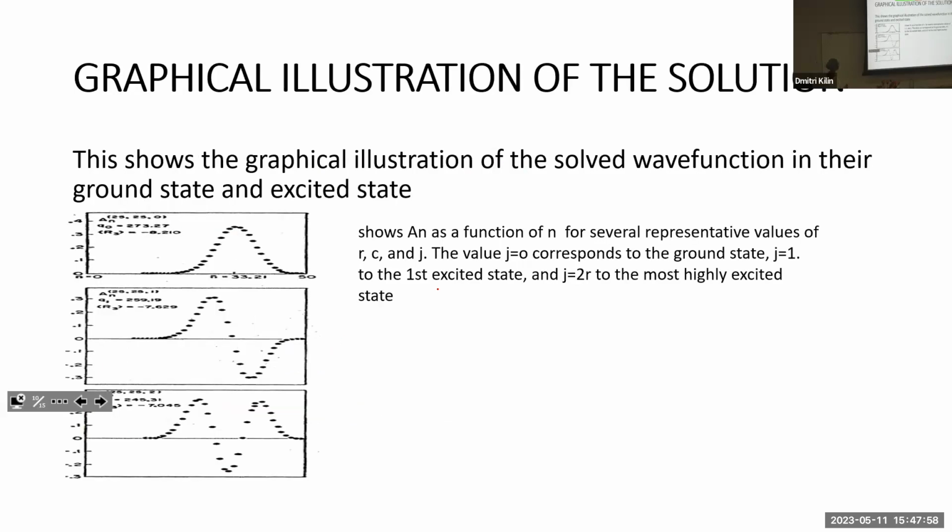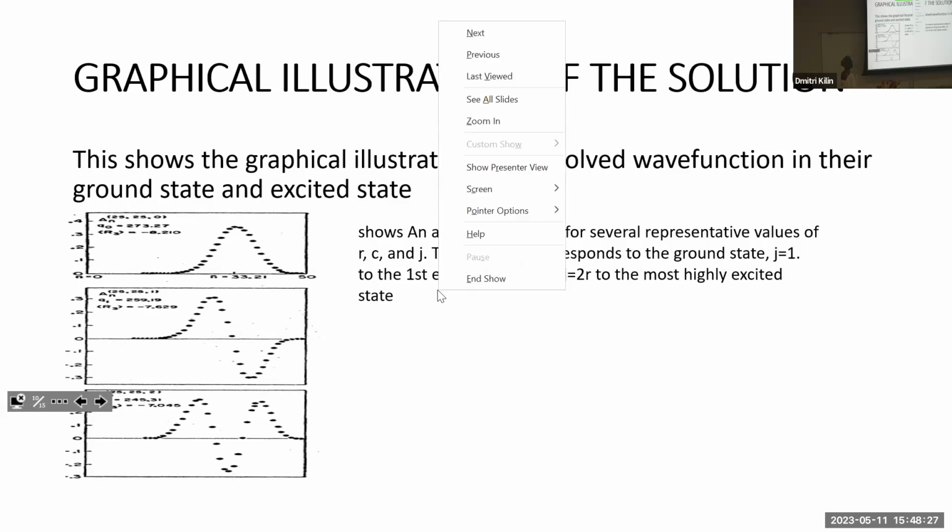If you visualize the graphical illustration of the solution, as I said earlier, it shows A_N as a function of n for several values of R, C, and J. If J equals 0, it means we have our ground state, J equals 1 is our excited state, and J equals 2R is the most highly excited state. This is a graphical illustration.